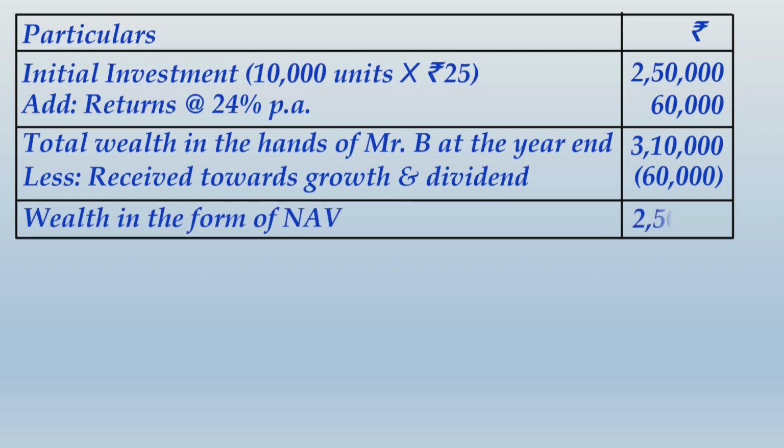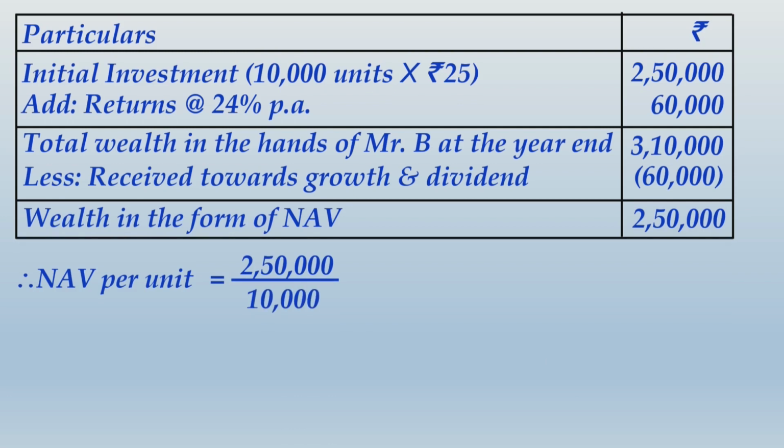Finally, wealth in the form of NAV will be 2,50,000. Now NAV per unit you can easily obtain, because here there were no bonus units. The number of units held till now are just 10,000 units. So 2,50,000 when you divide by original 10,000 units, NAV at end of the year will be again rupees 25.